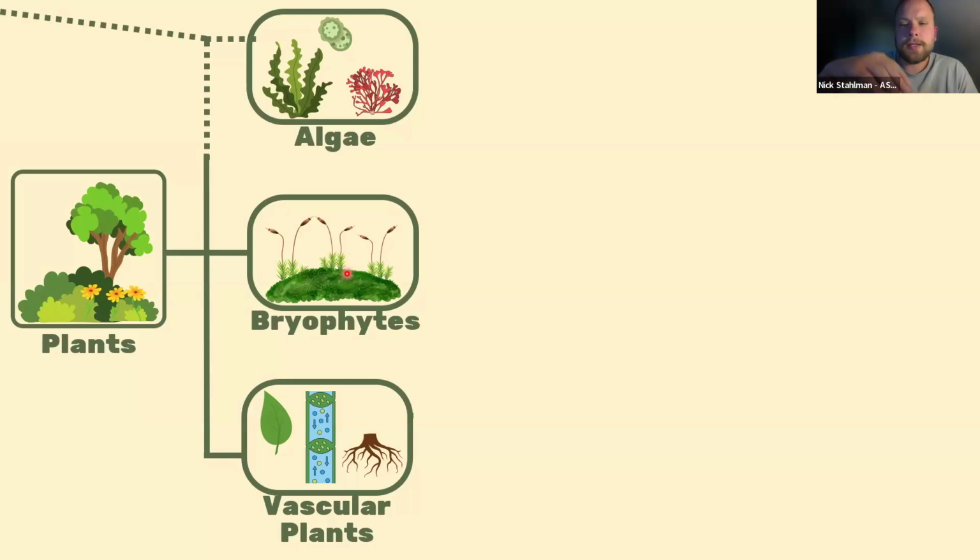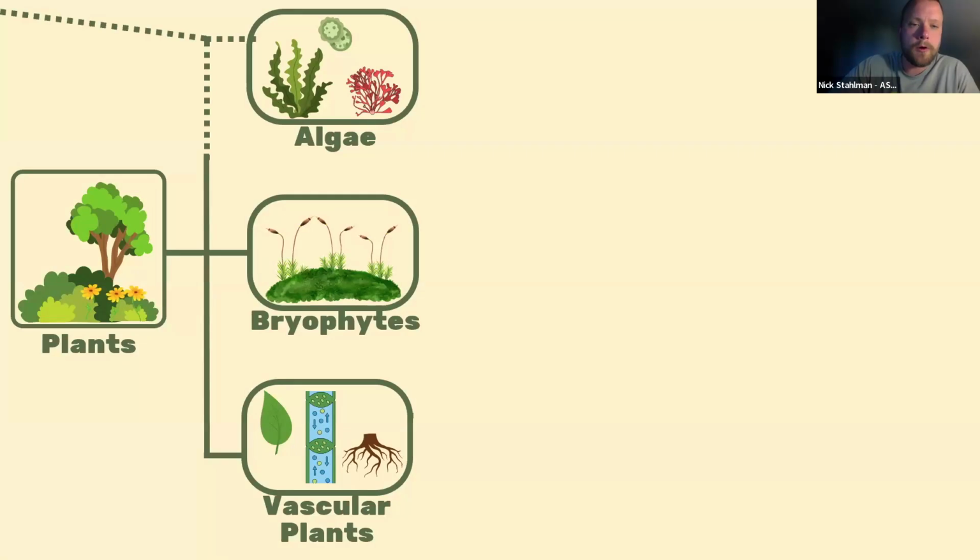So it's more or less just a tiny, thin, single cell thick leaf. And these are the things like our mosses. But then we had another group over here, our vascular plants. So our vascular plants have tissue that allows them to bring water and sap throughout the plant.